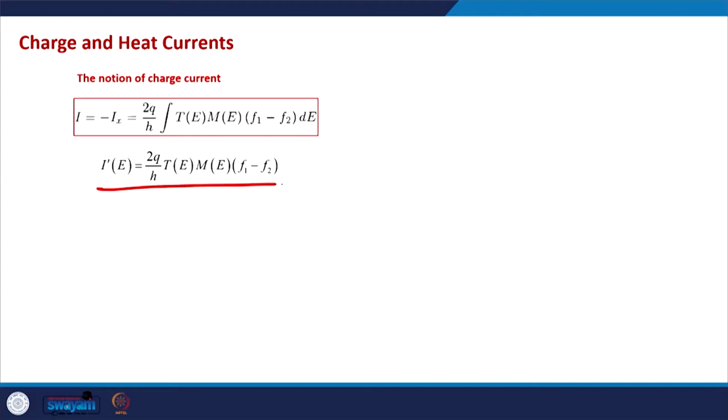So that's what we need to define. The current at a particular energy is given by this value just by removing the integral, and without Q this is the number of particles flowing at a certain energy E. If we put Q here, it becomes the charge current actually.